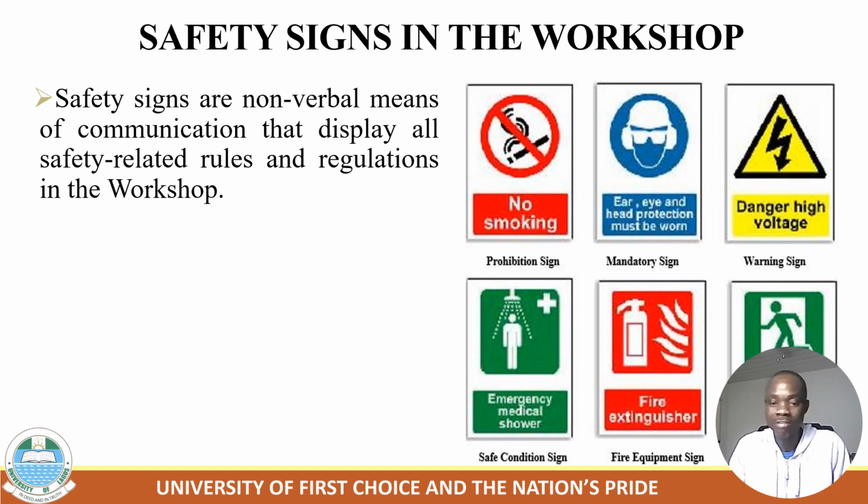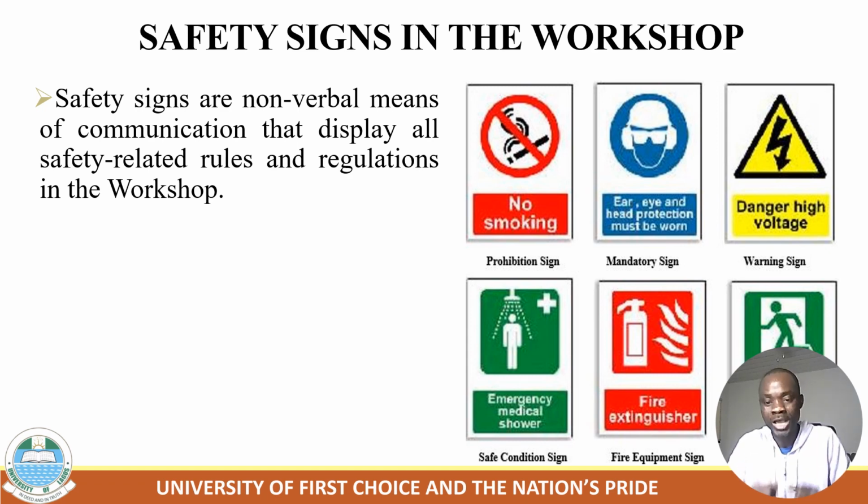Another safety sign that is available is the fire equipment sign, to indicate the fire equipment that is available. So in our workshop or our petrol stations, you see the fire equipment sign there, fire extinguisher. This fire extinguisher sign is hung beside the real fire extinguisher. And also, another sign here is the evacuation sign. You see that gentleman running.